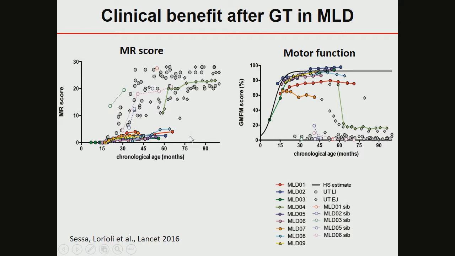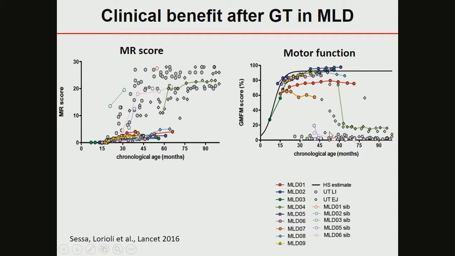Just to give you two examples, this is a score of the magnetic resonance, the MR score, where the higher the worse, and this is the score of the patient treated with gene therapy, which differs greatly from the patients of the natural history study. And also the motor function. These patients, the natural history, are down here.